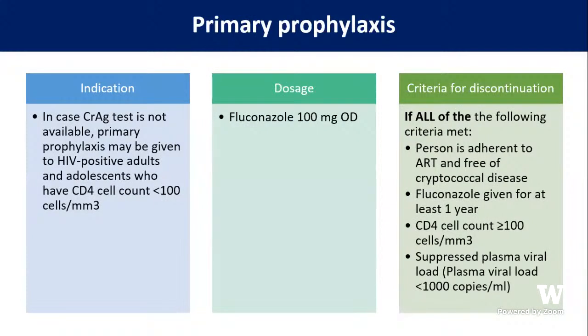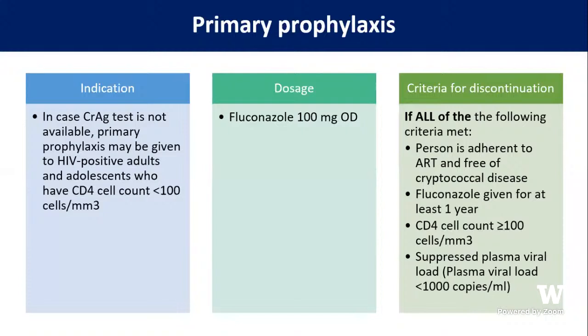Now, the primary prophylaxis is given even before the occurrence of the disease. In the previous slide, we saw any patient who has a CD4 count less than 100 cells. In case cryptococcal antigen testing is not available and a patient comes to us with a CD4 count less than 100, we start fluconazole prophylaxis of 100 milligrams. And when do you discontinue that? The discontinuation is important, like the discontinuation of cotrimoxazole.